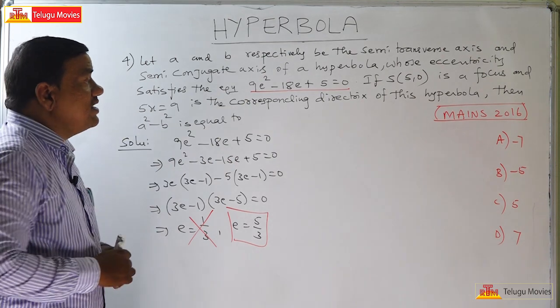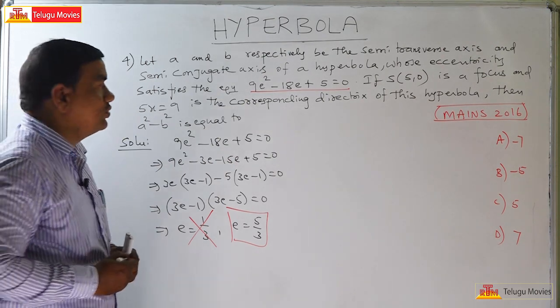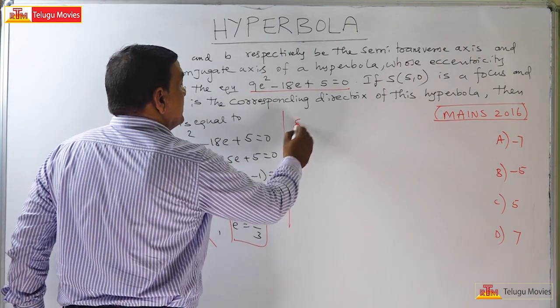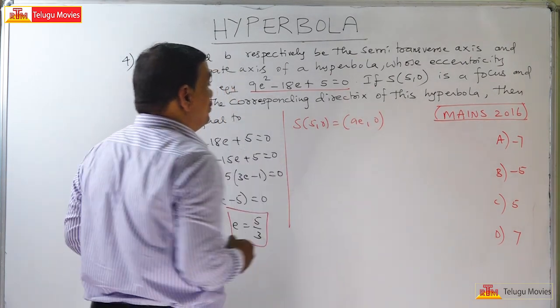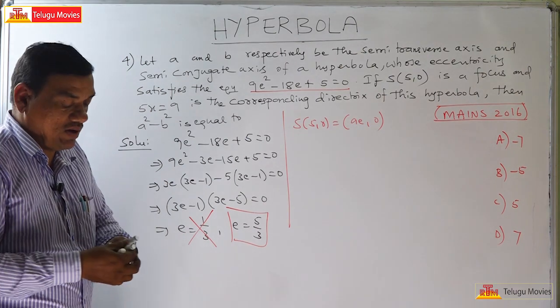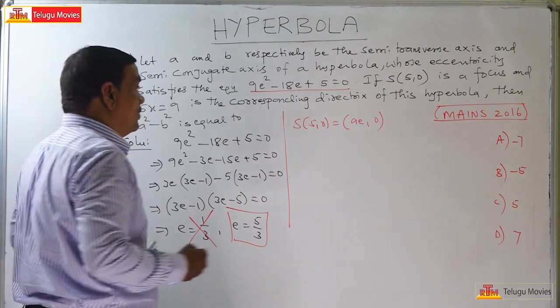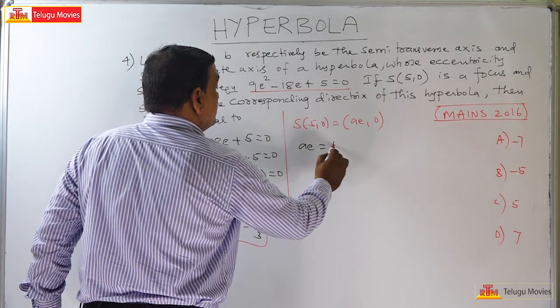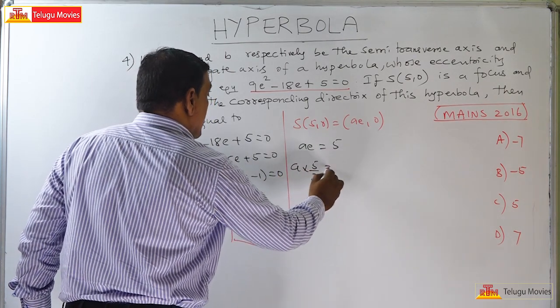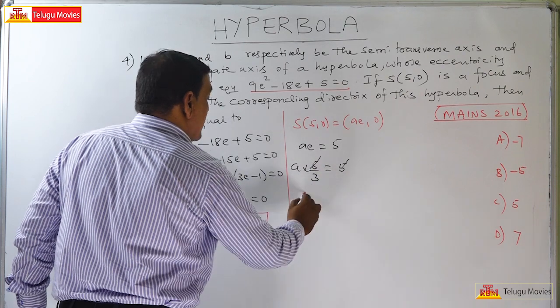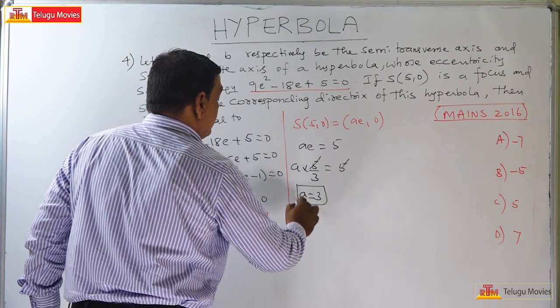And S comma 0 is a focus. He is saying that the focus S is equal to 5 comma 0, that is ae comma 0. We know the focus of the hyperbola is ae comma 0. Therefore ae is equal to 5. Therefore a into 5 by 3 is equal to 5. 5 cancels, so a is equal to 3.